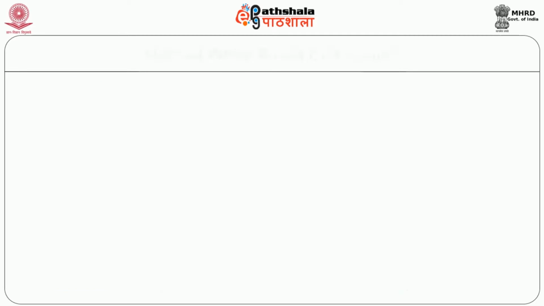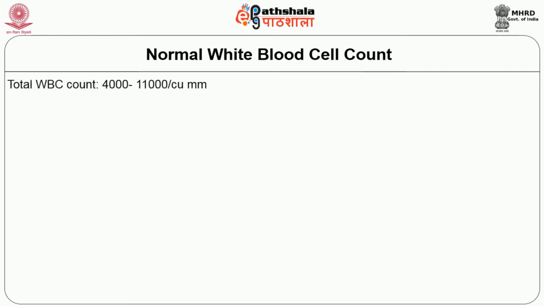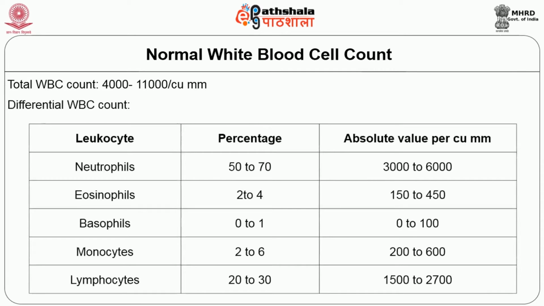Now, what is the normal white blood cell count? The total WBC count is 4,000 to 11,000 per cubic millimeter of blood. And the differential WBC count is clearly given in table 1.